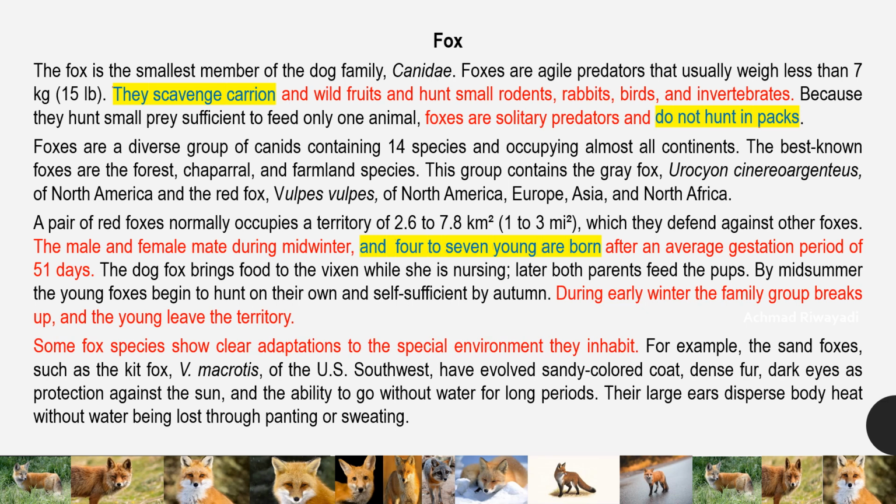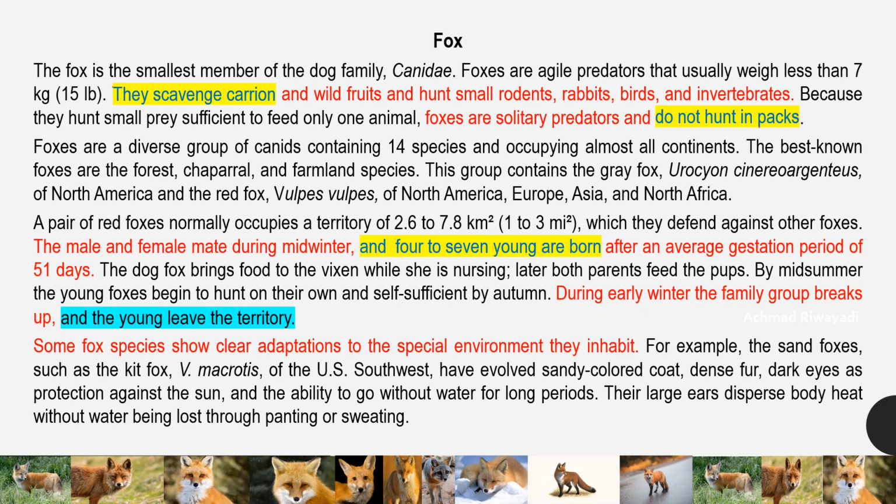Yang keempat, during early winter, the family group breaks up and the young leave the territory. Selama awal musim dingin, keluarga rubah berpisah atau berpencar dan rubah yang masih muda meninggalkan kawasan tersebut. Kata kuncinya, the young leave the territory. Rubah muda meninggalkan kawasan tersebut selama awal musim dingin.